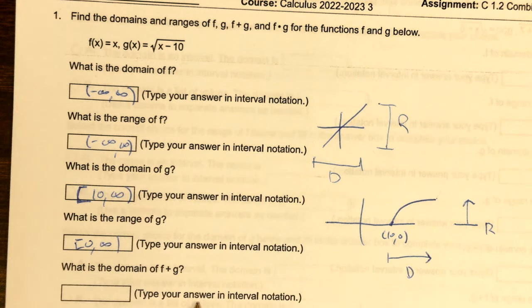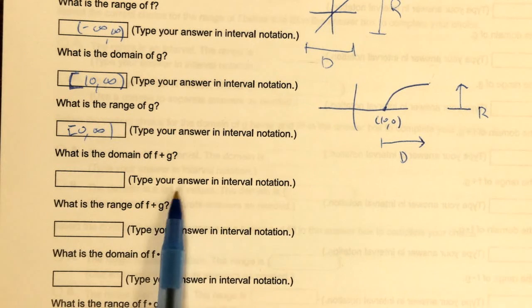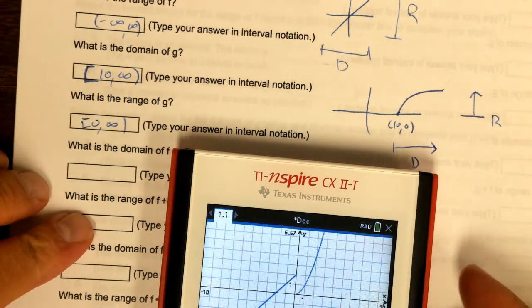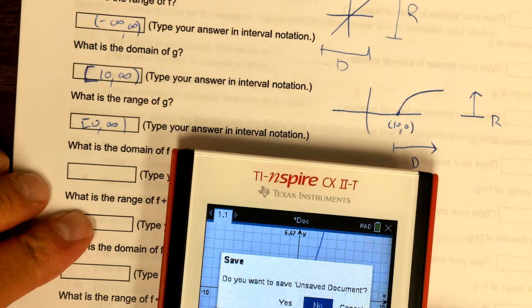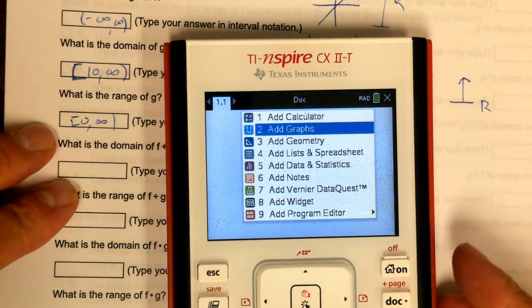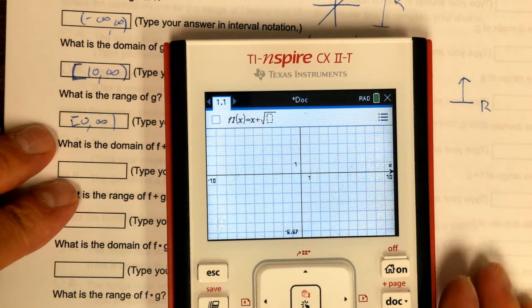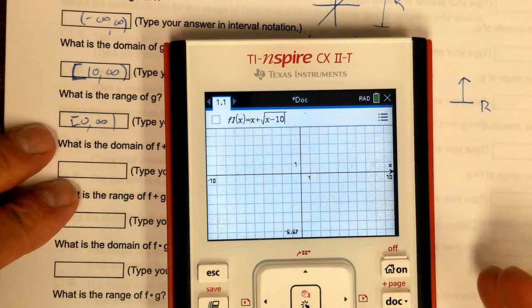Now for the domain of f plus g, you could just type it. Okay, so we're going to do x plus the square root of x minus 10, enter.